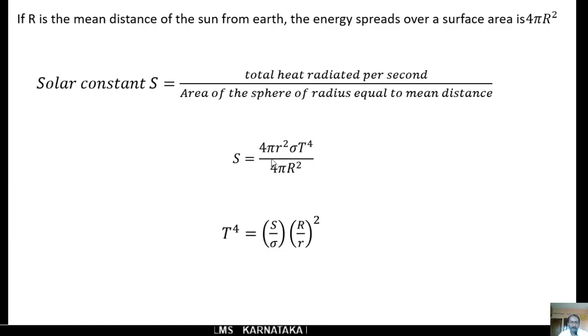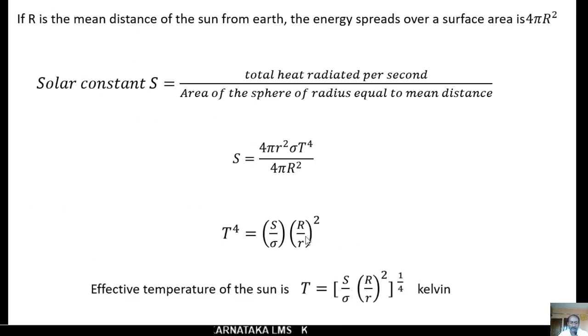Here 4 pi gets cancelled. On rearranging, to get the surface temperature of the sun, T to the power 4 is equal to S divided by sigma into R divided by small r, whole squared.